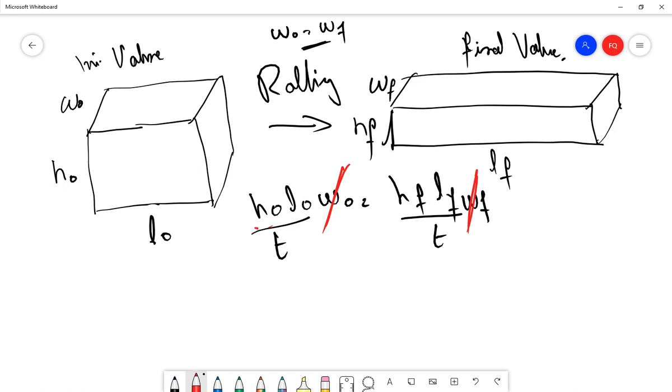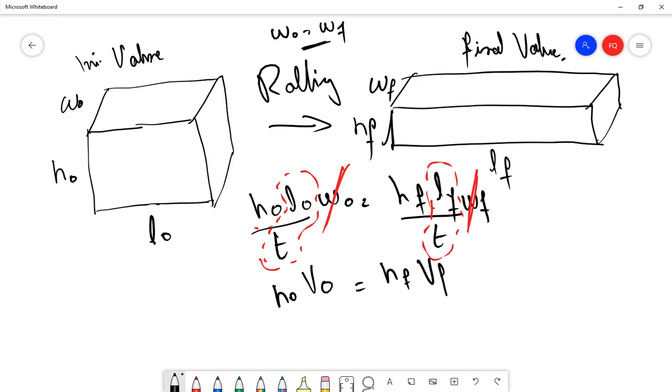Now, just to keep it simple, this is velocity, the initial velocity, and this is the final velocity. And by these velocities I mean the total length divided by the time in which this length would pass through the rollers, the total length versus the time by which it will pass through the rollers.